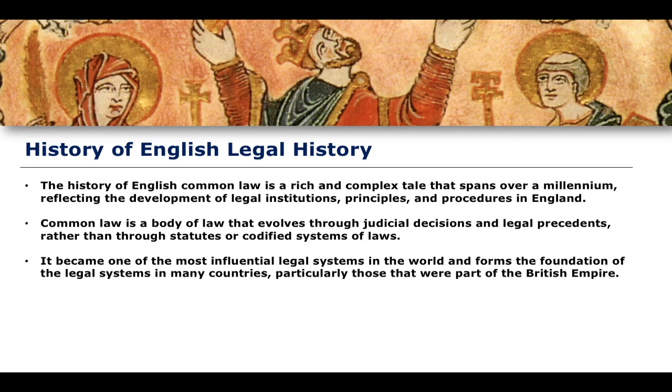But not just because of that is the history of the English legal system important, but so too is it important because it forms the foundation of legal systems in a great number of countries. One of the things that we did as part of the British Empire was export a number of these principles, export the ideas of precedent and the common law and all of these different things.